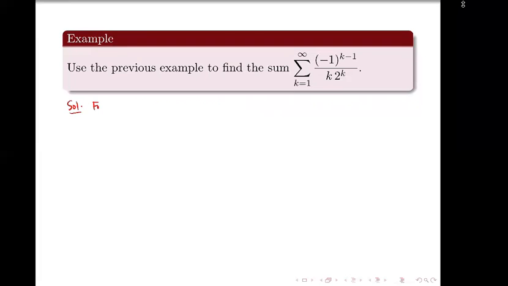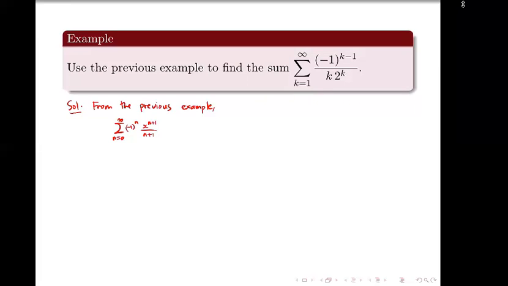So from the previous example, we have the sum of negative 1 to the n, x to the n plus 1 over n plus 1, from 0 to plus infinity, and this is equal to ln of 1 plus x. Let me write ln 1 plus x on the other side.